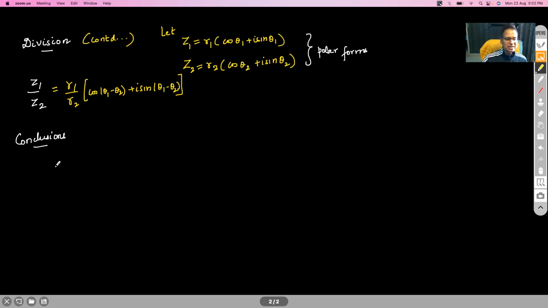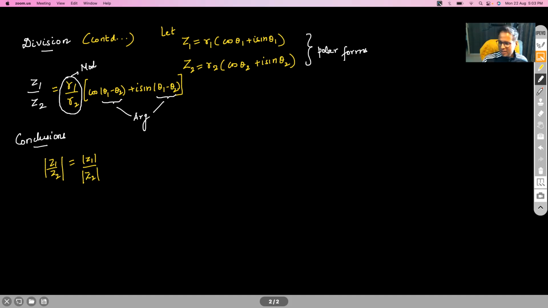The conclusion is that the modulus of the quotient is the quotient of their moduli. So this was the first conclusion that we had drawn, looking at this part. As you can all see here, this is the modulus of Z1 by Z2. And these angles that you see here are arguments of the complex number, correct?